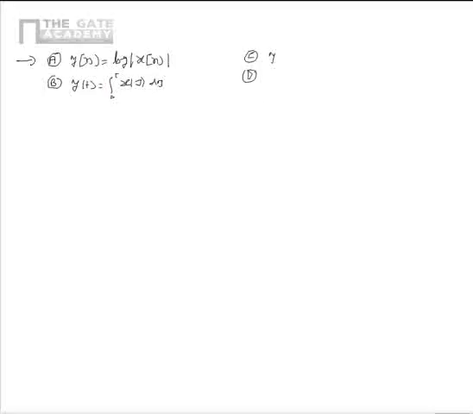Option C corresponds to the system y of n is equal to x square of n minus x cube of n. Option D corresponds to the system y of t is equal to e power x of 2t. We have to find which of these systems is nonlinear and time variant.